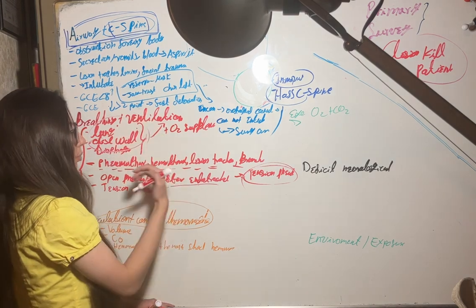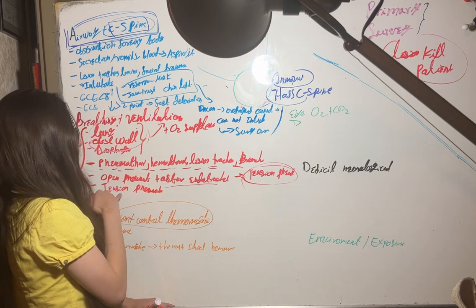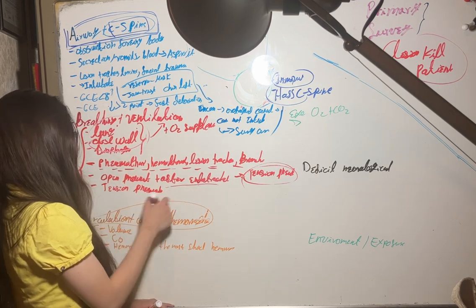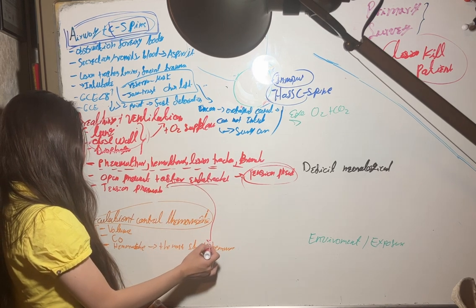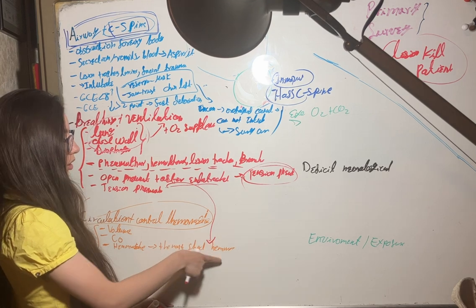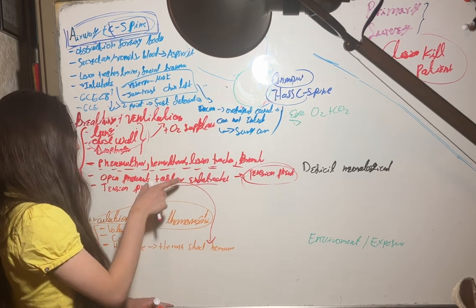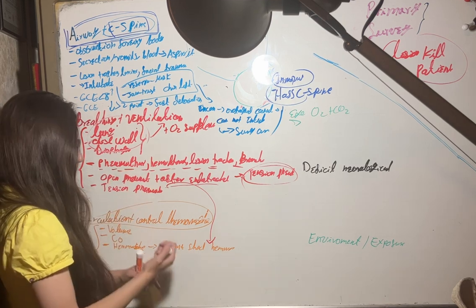At this point, we should discard tension pneumothorax, and if this is excluded, then we suspect that the cause of the shock is hemorrhage. But this is after excluding tension pneumothorax as the reason for the shock.